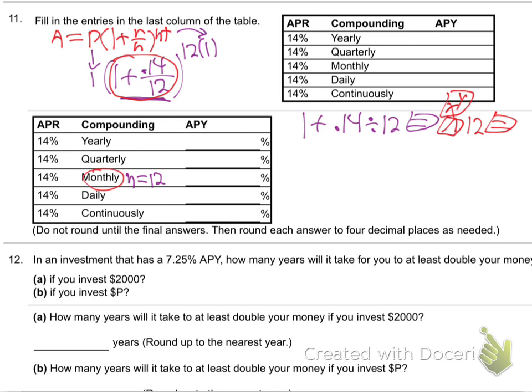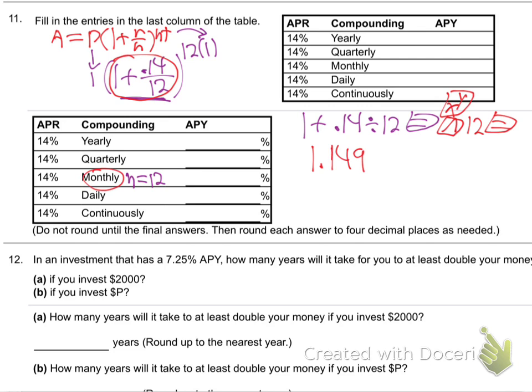Because it's monthly, so there's 12 months in a year. The 12, monthly, is on the side board too. Monthly means 12 times a year. So if somebody does something monthly, they do it 12 times a year. And to the 12. So I'm getting 1.149.